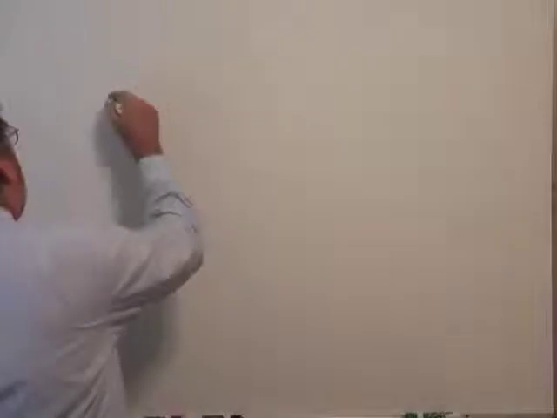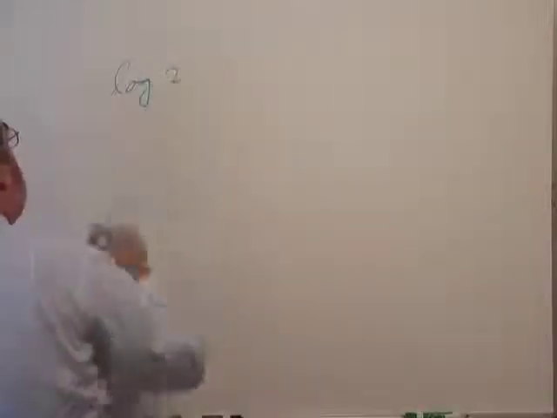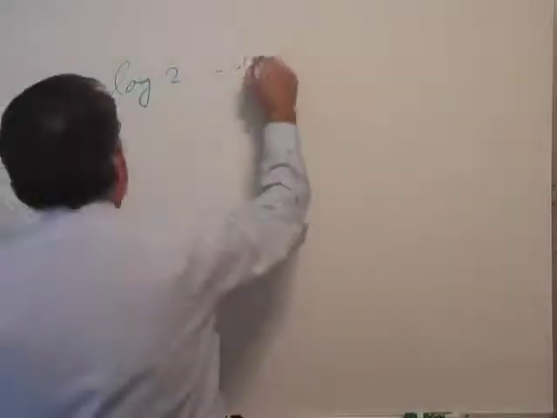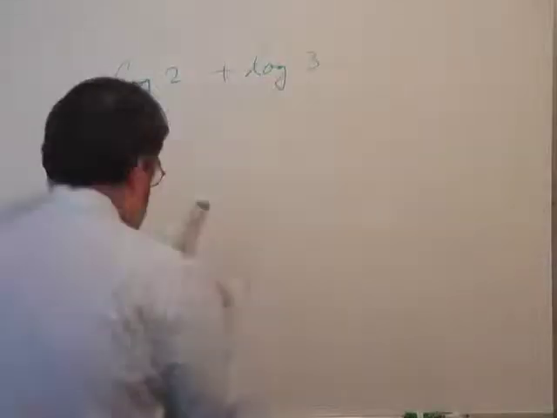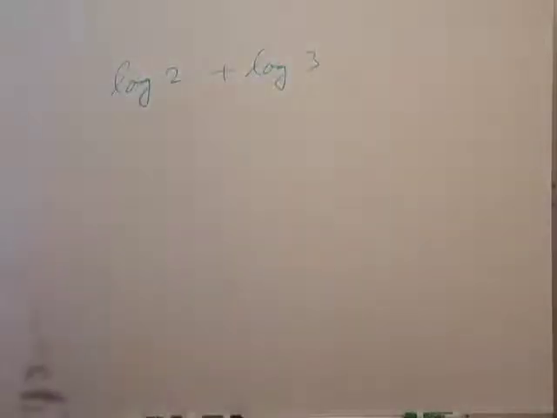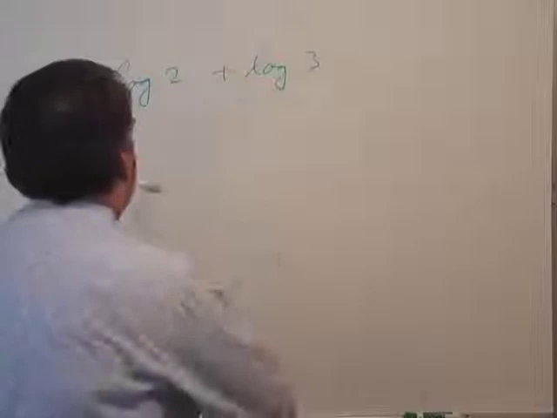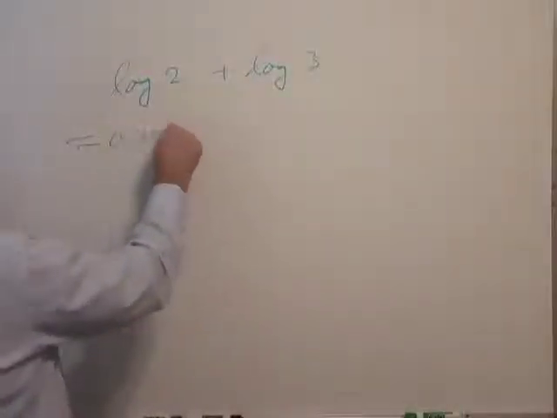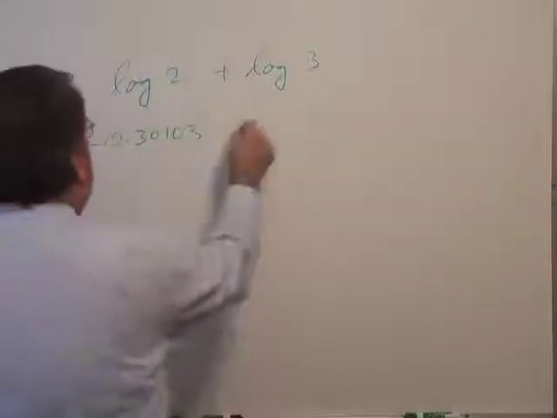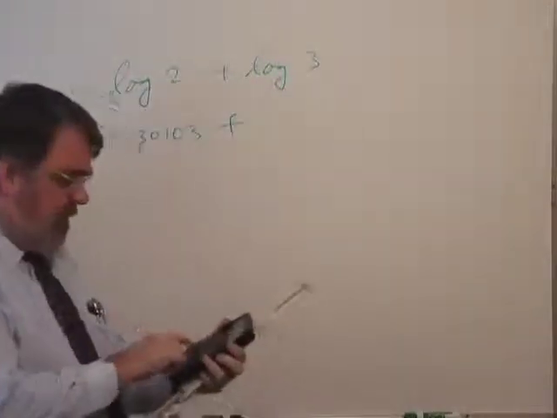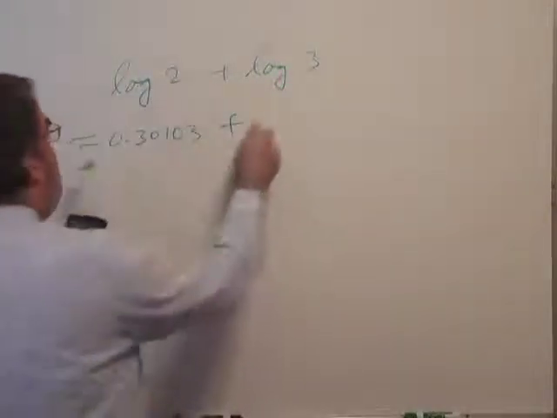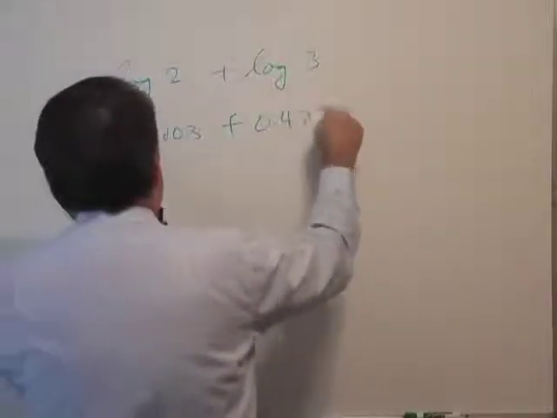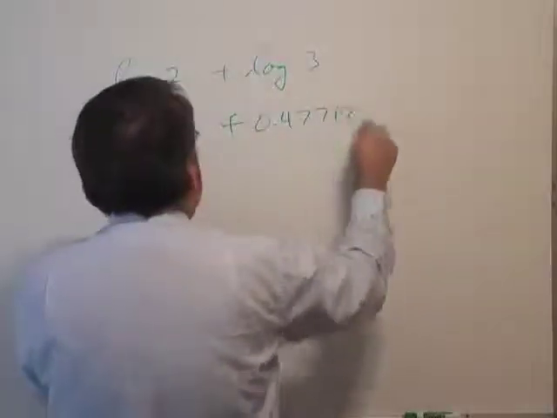If you took the log of 2 and added the log of 3, here's what you'll get. Now, the log of 2 is about 0.30103, and the log of 3 is 0.47712.